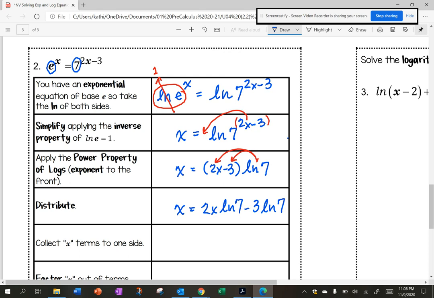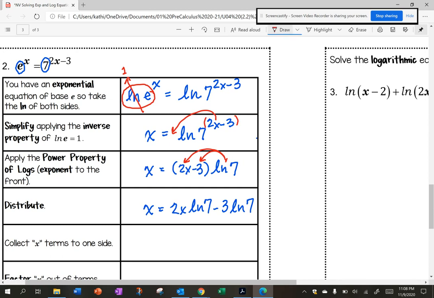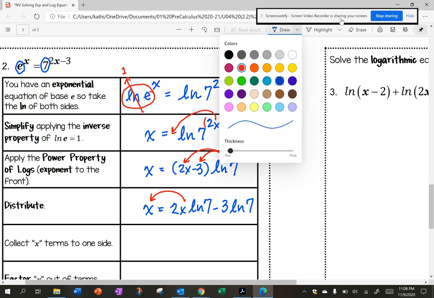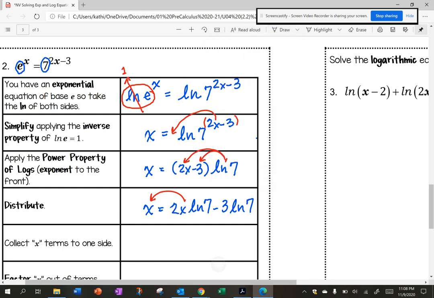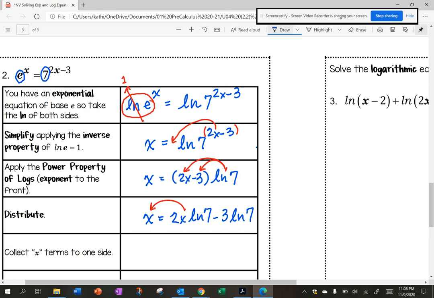I want to collect my x terms on one side, so I'm going to move my x term from the right side to the left. So I have x minus 2x natural log of 7 equals negative 3 natural log of 7.